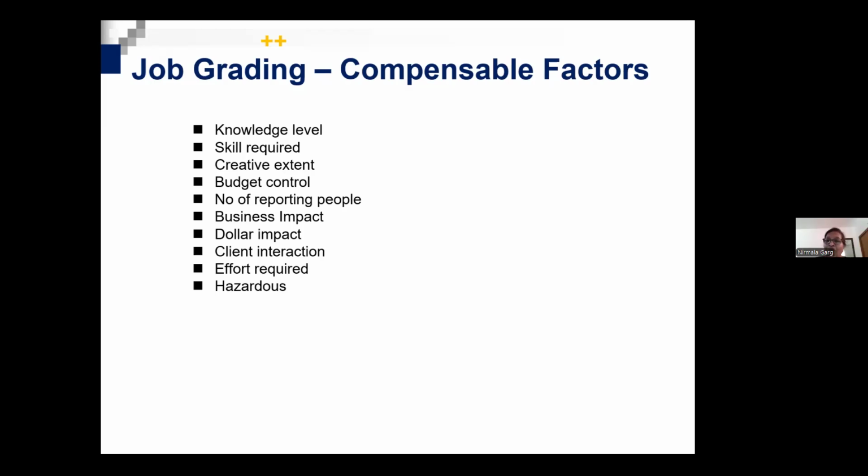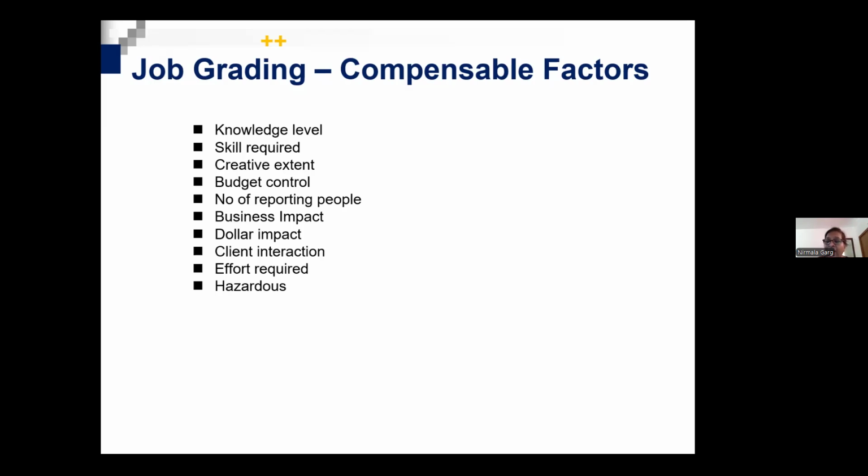See, I want you to differentiate between compensable factors and factors which are not compensable. Safety is required for all the employees across the organization, maybe if you are in a refinery, pipelines, etc. But it does not mean that lower the job, less safety, higher the job, higher safety. It's the same.